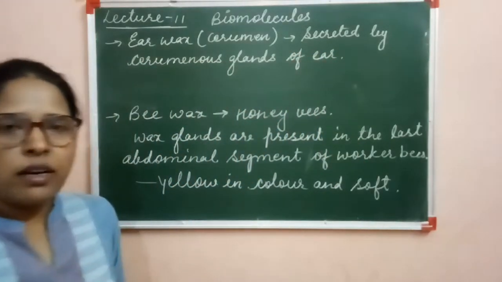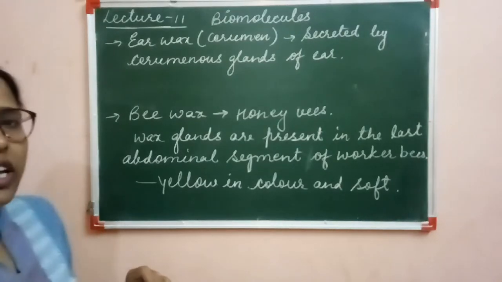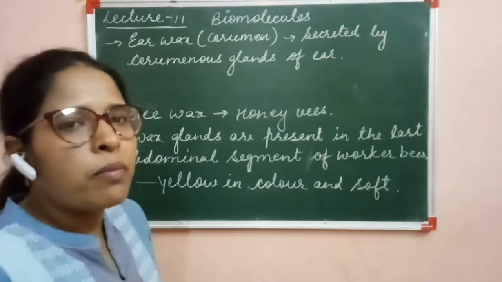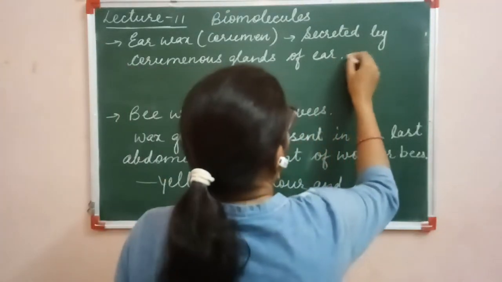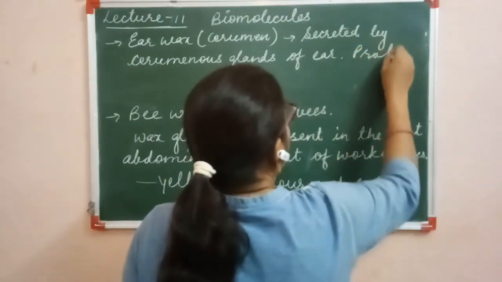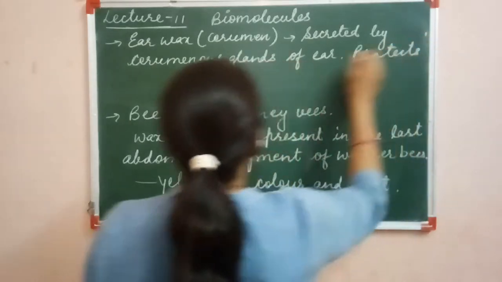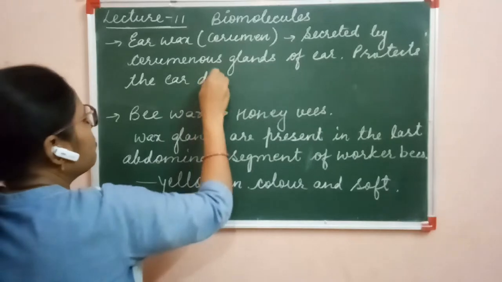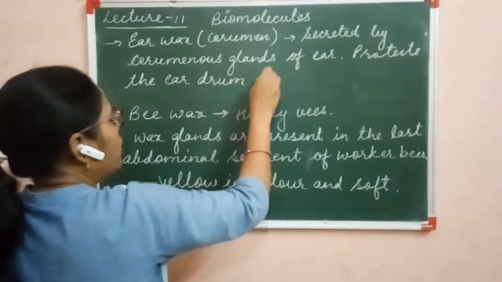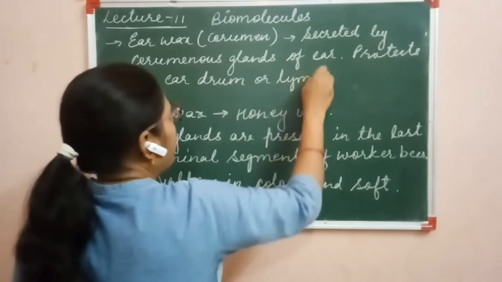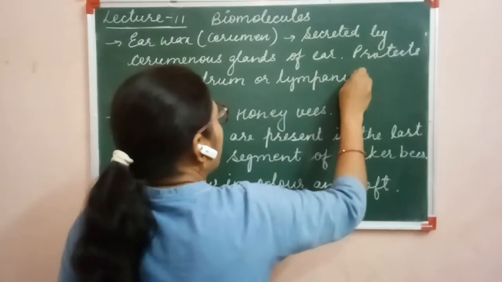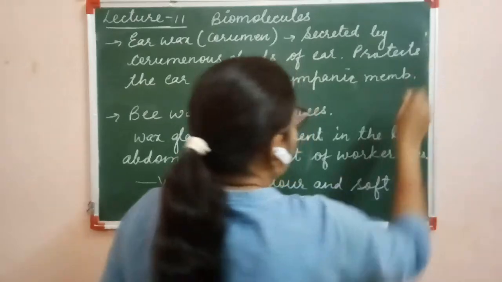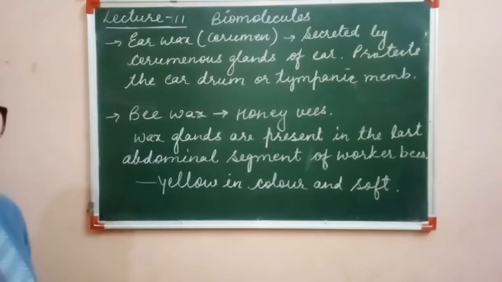This wax is secreted by the ceruminous glands of the ear, and this ear wax protects the eardrum or tympanic membrane. Clear? So this is the function of ear wax present inside the ear.